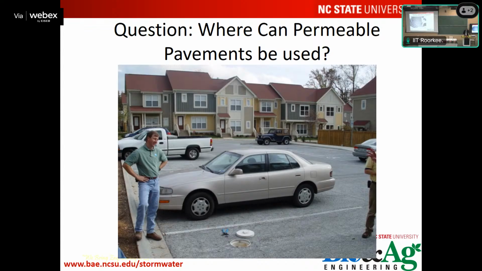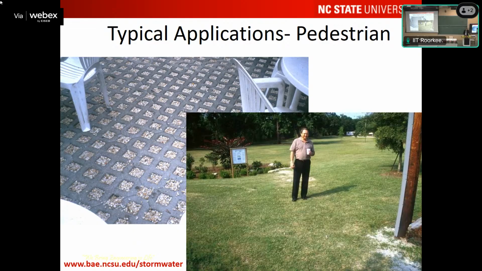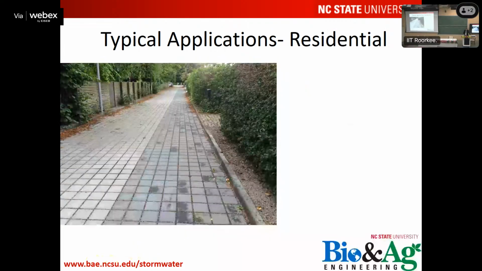Anytime you've got pedestrian traffic, think about a plaza, maybe where you go out and have tea, have lunch, that's a possibility for some permeable pavement. This guy here is actually standing on a grassed walkway, a permeable pavement covered with grass. Why you'd ever need it, I don't know, but he's standing on that.